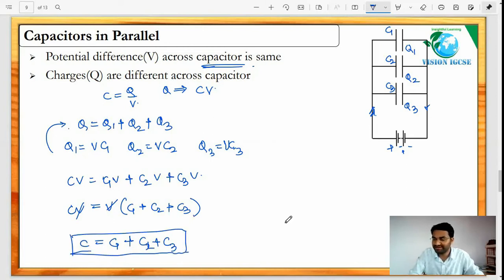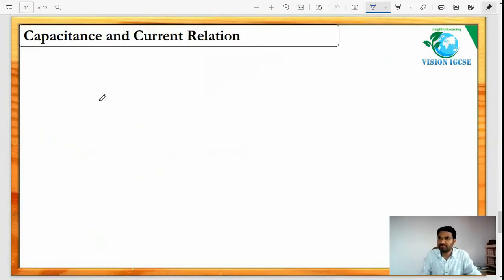Right. Then next, the capacitance and current relationship. Generally, see, we have capacitance C equal to Q over V, and we have a formula for current: I is equal to Q over T, meaning the rate of charge passing through the circuit, right? So yes, we can correlate here.